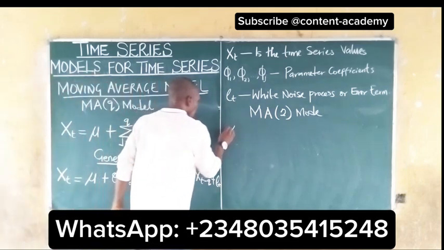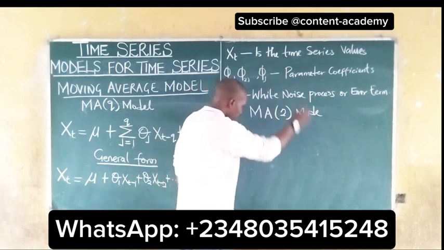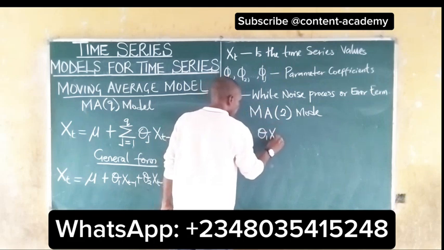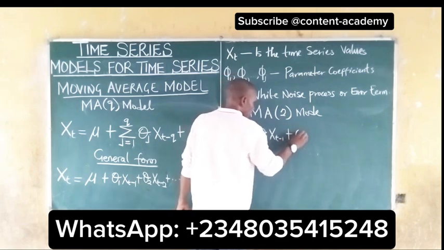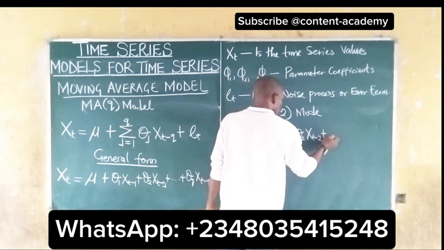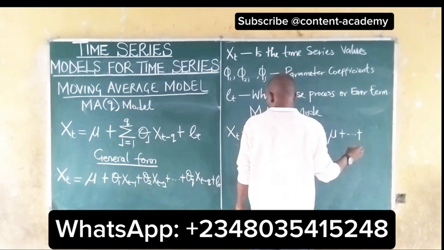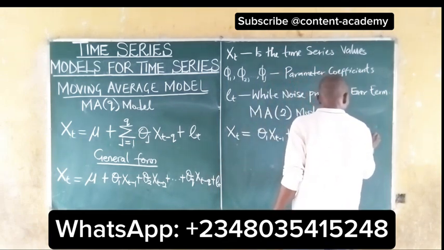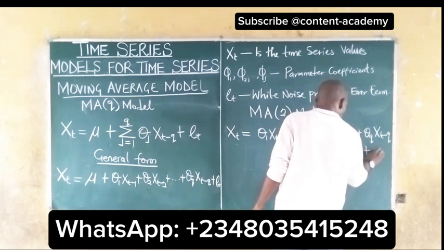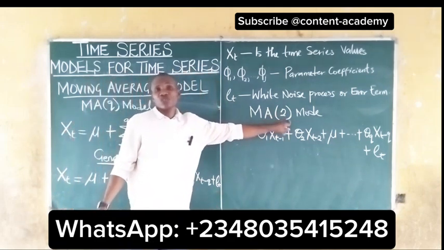The moving average model of order 2 can be written, we can borrow a leaf from this, as: theta 1 x t minus 1 plus theta 2 x t minus 2 plus the mean plus, now we can write theta q x t minus q plus et. So this is how we can write the MA of order 2.